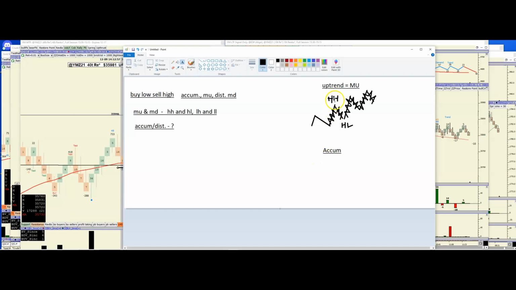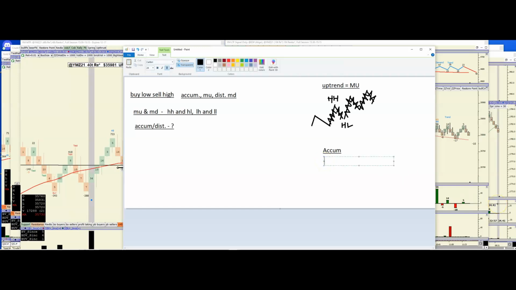Just like higher high and higher low are to an uptrend, what is the characteristic to accumulation and distribution? This is what I'm going to answer now. Okay, and this is where real Wyckoff traders that really know what they're doing can answer, because this is what they specialize in.